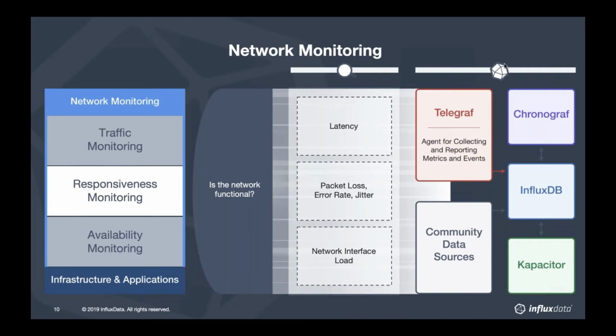So making the network always available in terms of uptime and routing the traffic is not enough, because depending on the applications that are running on that network, certain kinds of latency are not acceptable.